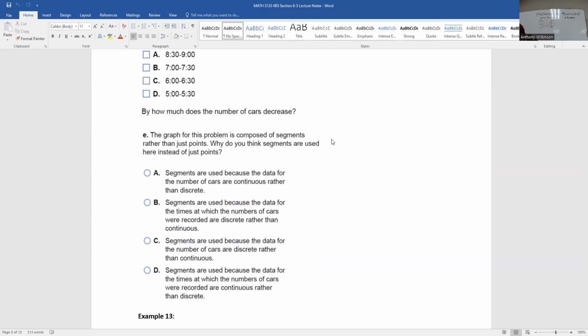Now, when you get into statistics, they use those words, continuous and discrete. Discrete is something that is countable. Continuous means that it goes on and on and on without end.